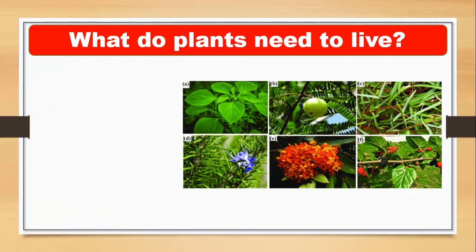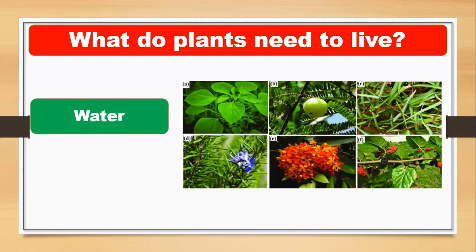They have enough water to stay healthy. What do plants need to live? Plants need water. The water comes from rain and small rivers. Water is very important because it makes them healthy.